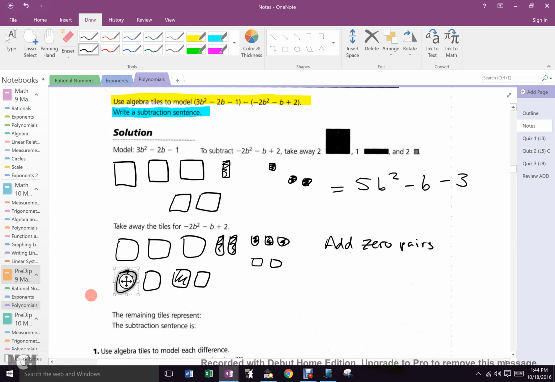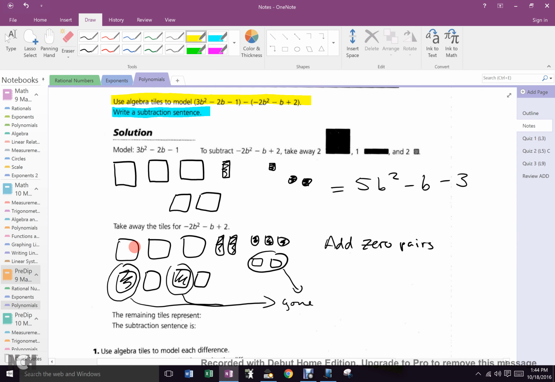This guy, this guy, and this guy are gone, correct? And this guy are gone, correct? Leaving me with 1, 2, 3, 4, 5. Oh, it's gone. Yeah, I'll fix it in a sec. And this guy is gone.